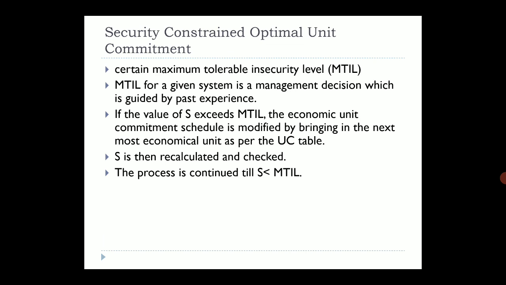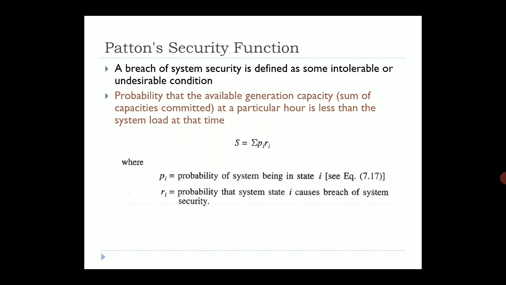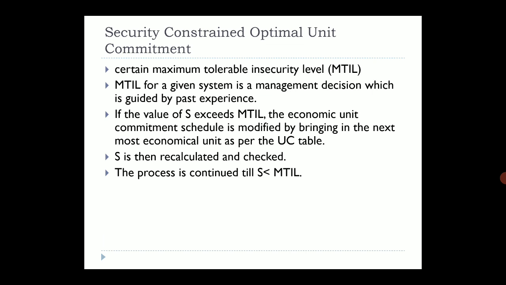What happens now? The management of this power system company creates some value of S. The S, that is the pattern security function S, they have created that value, and they call it MTIL, that is maximum tolerable insecurity level.